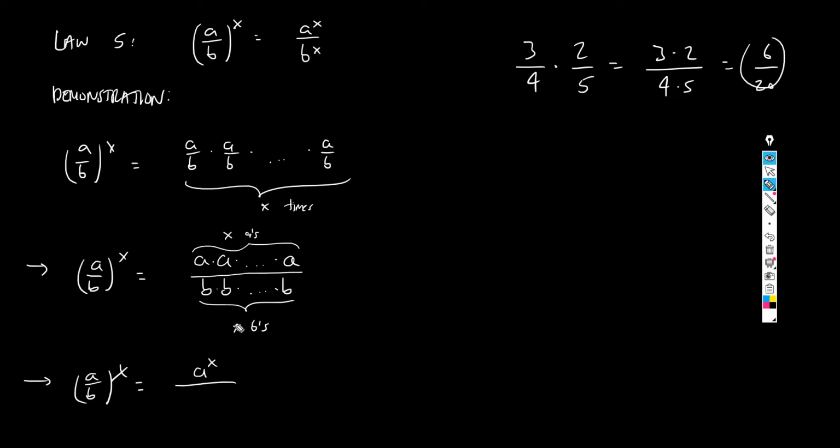And the multiplication of x b's, I can write as b to the x. And I have proven what I wanted to prove, that when a fraction is raised to a power, that's the same as raising the numerator to that power and dividing it over the denominator to that power. And the proof is complete.